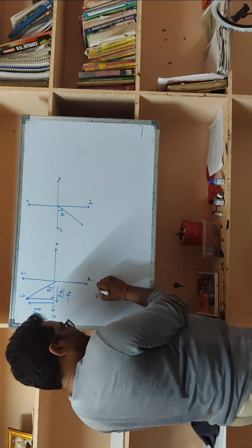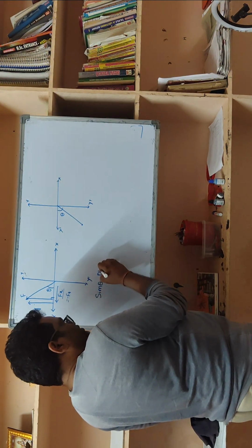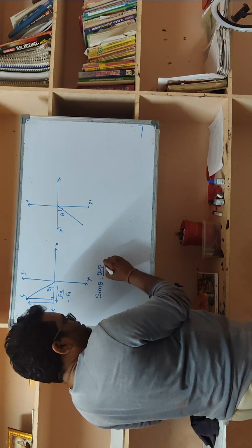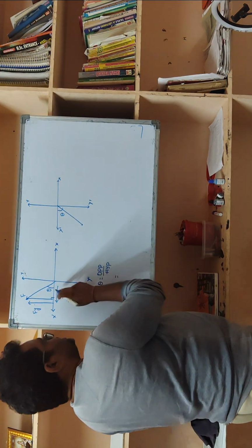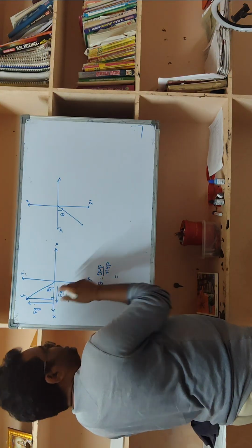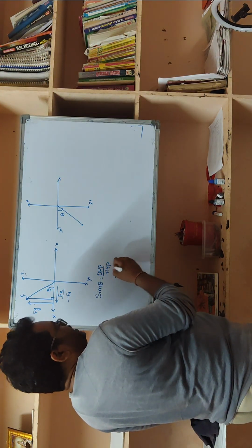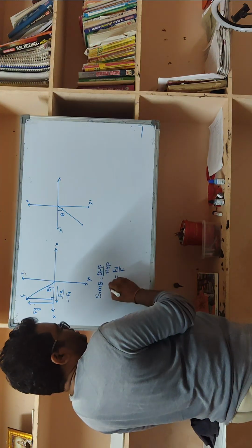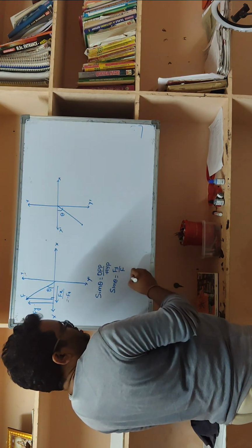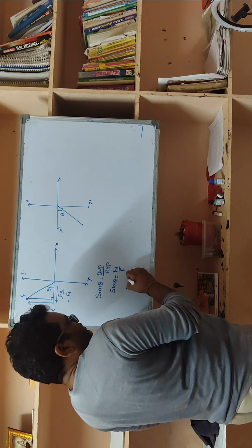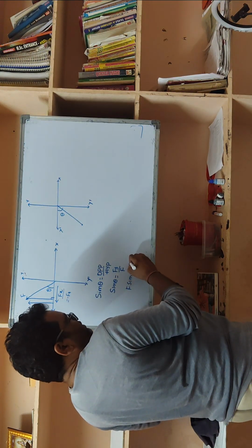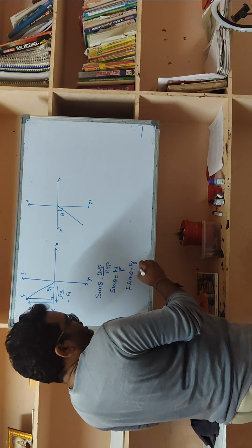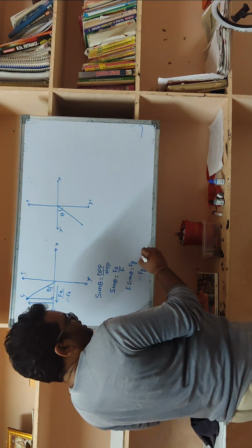Sin theta is equal to opposite by hypotenuse. The opposite is Fy and the hypotenuse is F. So F sin theta is equal to Fy. Therefore Fy is equal to F sin theta.